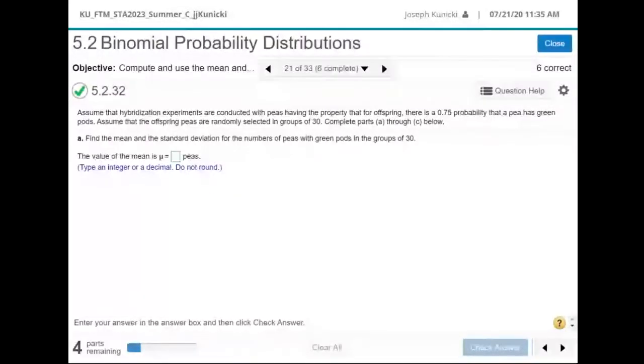Okay, it says assume that the hybridization experiments are conducted with peas. Is that the one? Correct. All right, so let me open it up for you and see what they need to do. I don't know if your numbers are going to be the same, because they're always changing numbers because of randomization. Mine says assume that the hybridization experiments are conducted with peas having the property that for offspring there's a 75% probability.